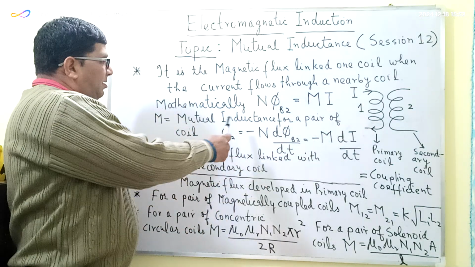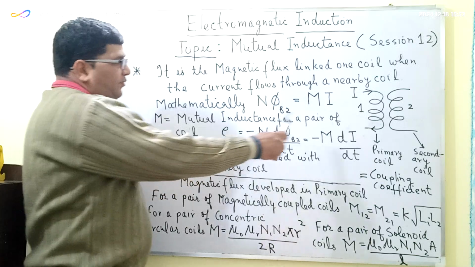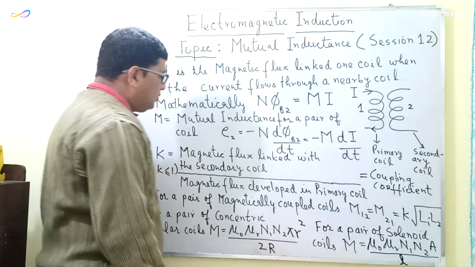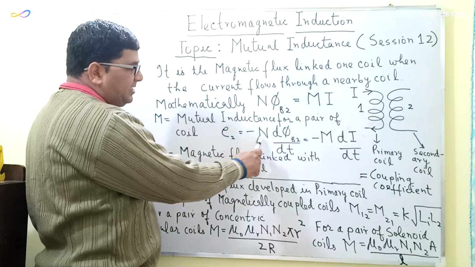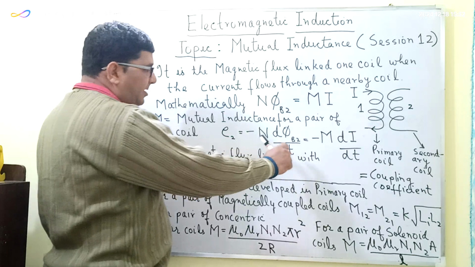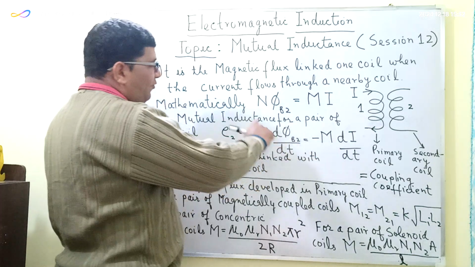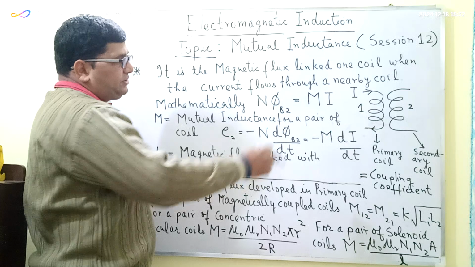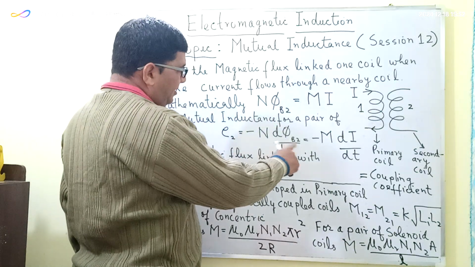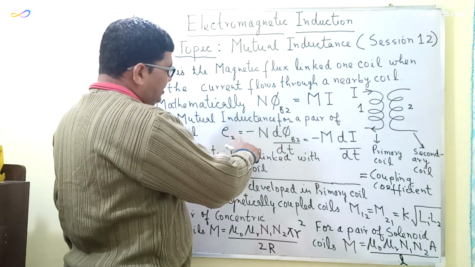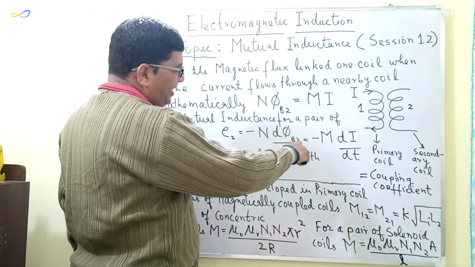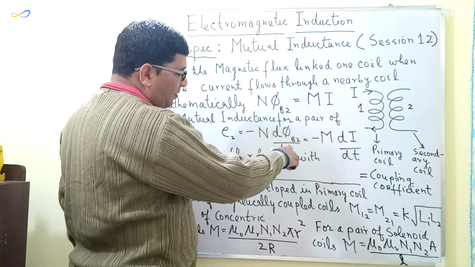So the induced EMF in coil number 2, that is E2, is equal to minus N d phi B2 upon dt. Now here the value of N will be equal to 1 because the coil has got only one turn. So induced EMF will be equal to minus d phi B2 upon dt.